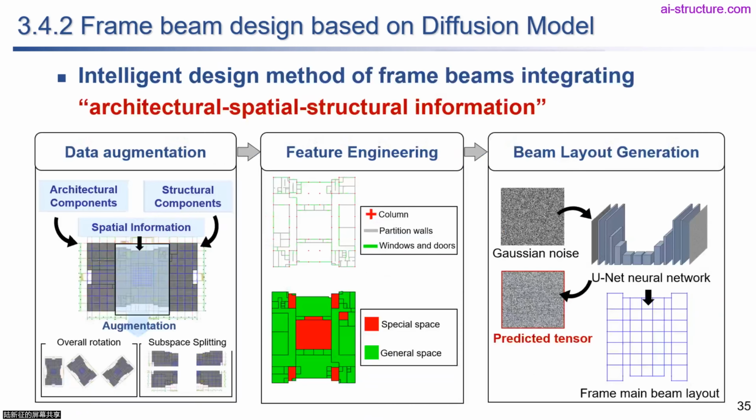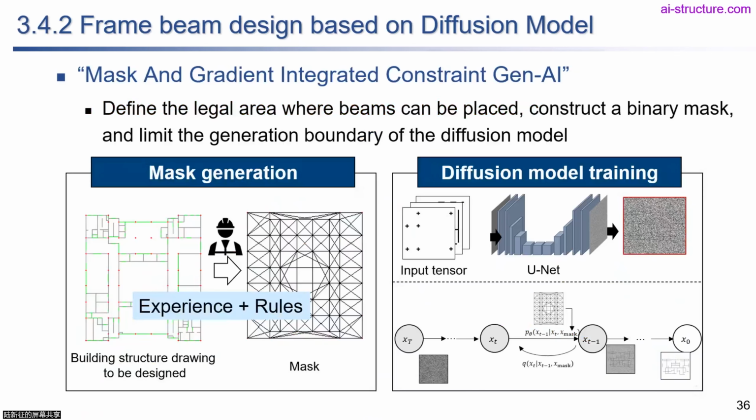And so we proposed combining architectural spatial structure information into the diffusion model as the input condition. And we also proposed a mask and gradient integrated constraint generative AI. It's very easy to remember, we call it MAGIC generative AI, and we can control the location of the beams that are generated by the AI algorithm.